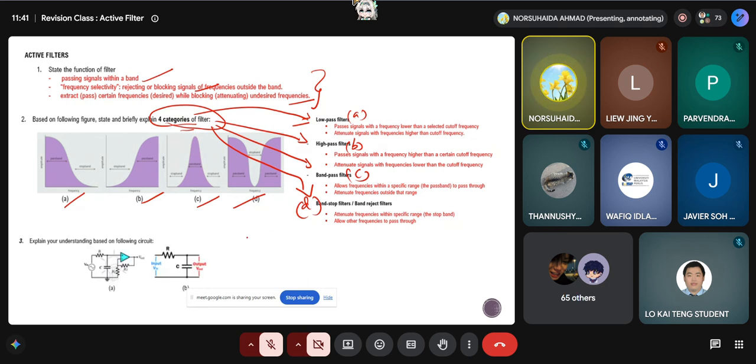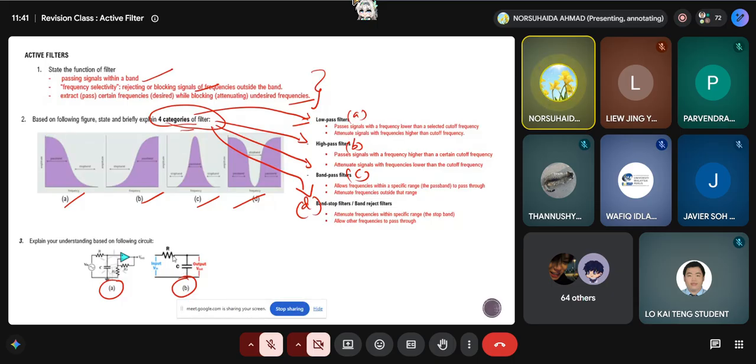Explain your understanding based on the following circuit. We have the circuit in A and also the circuit in B. For this one, we can say that we have a combination of RC.